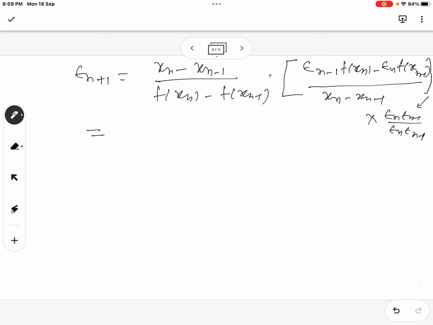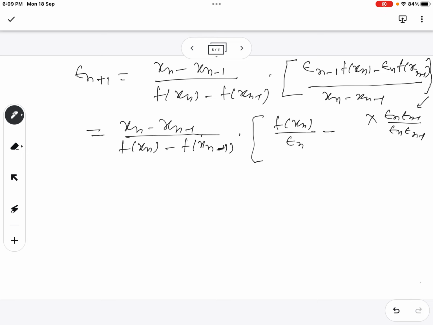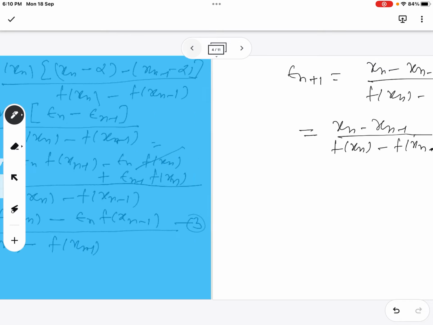So I can write x(n-1) divided by f(xn) minus f(x(n-1)) into f(xn) by nth error minus f(x(n-1)) by (n-1)th error, divided by x(n-1) into nth error into (n-1)th error. Let us say this is equation number 4.